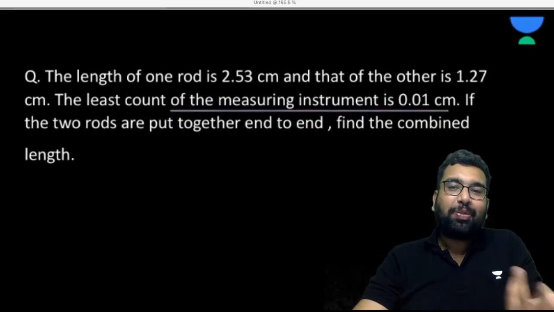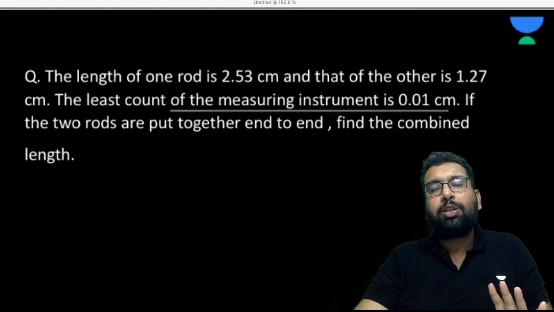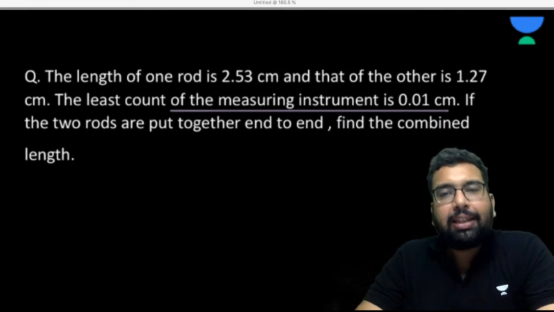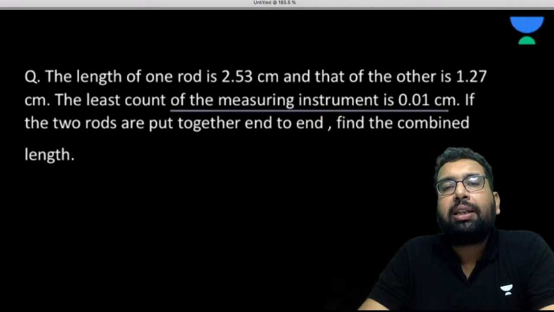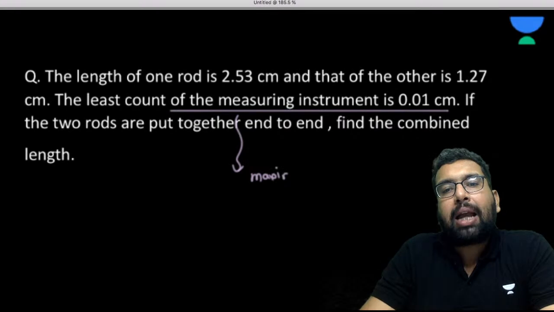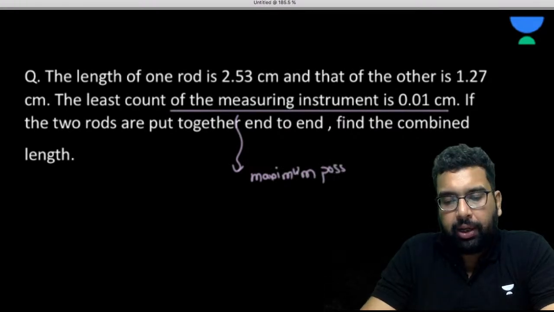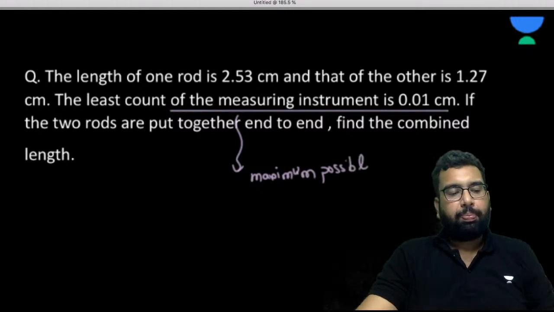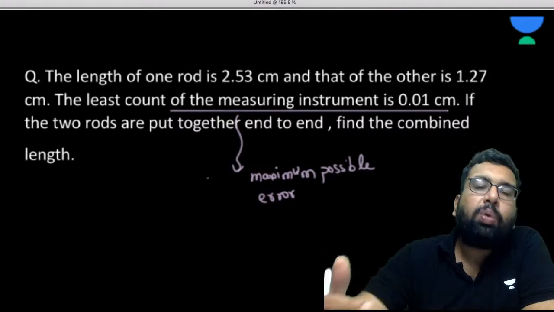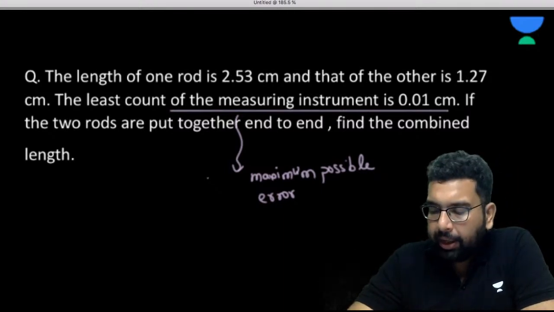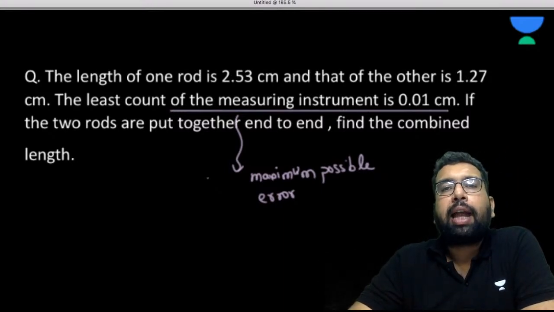Whenever the least count of any instrument is given to you, this is the maximum possible error. In any question, if it is provided that this particular thing has this least count, this is the maximum possible error.